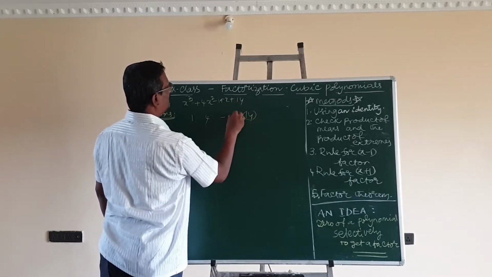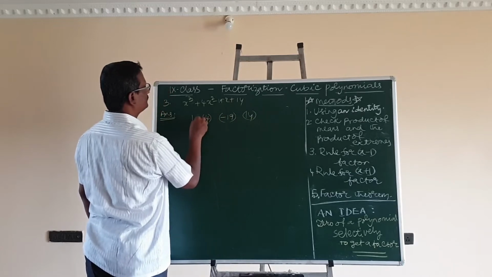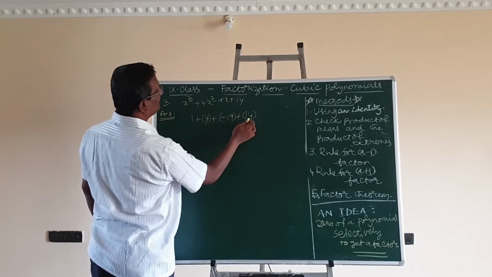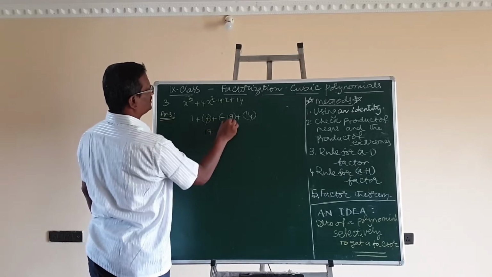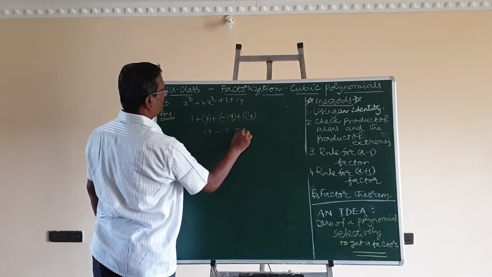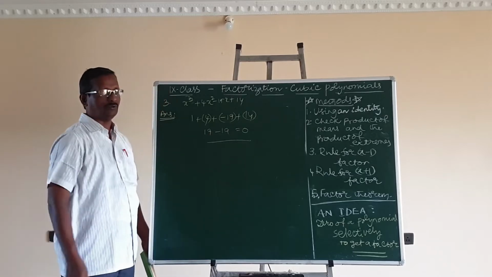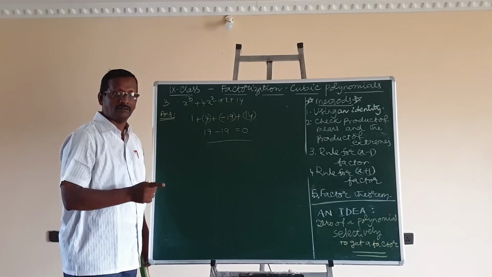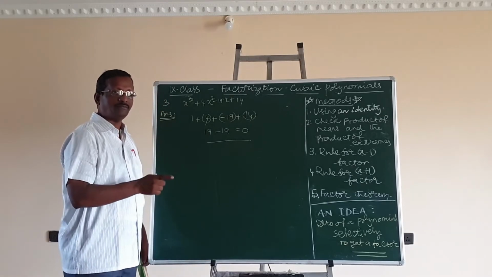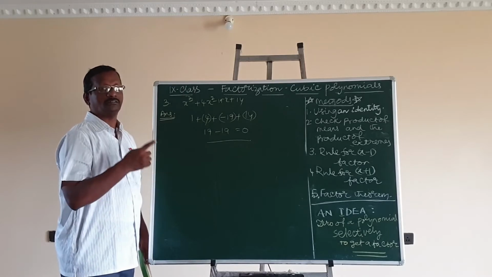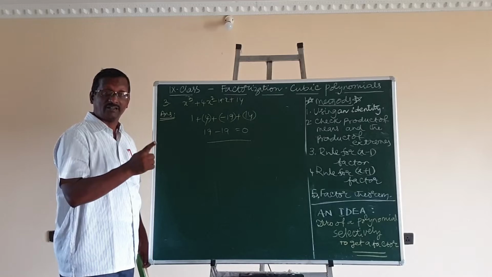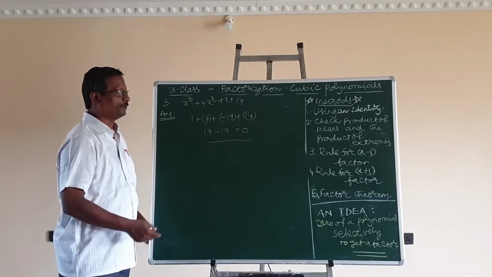Suppose if you add all these coefficients, 14 plus 4, 18, 18 plus 1, 19, and this is minus 19, the sum of the coefficients is equal to 0. In case a polynomial has the sum of the coefficients equal to 0, the rule is x minus 1 is a factor of the polynomial.